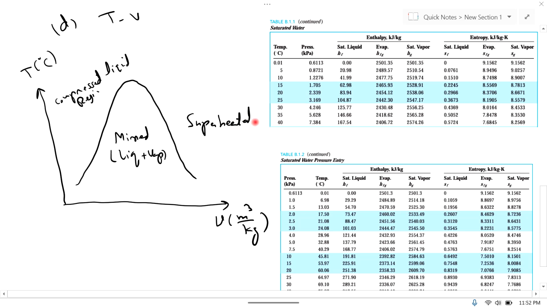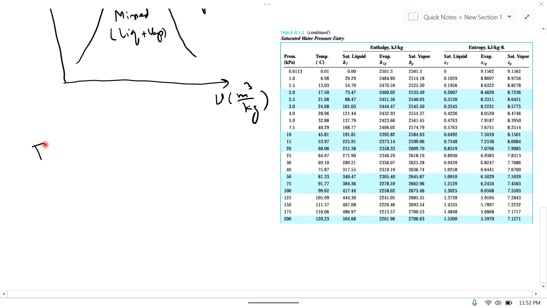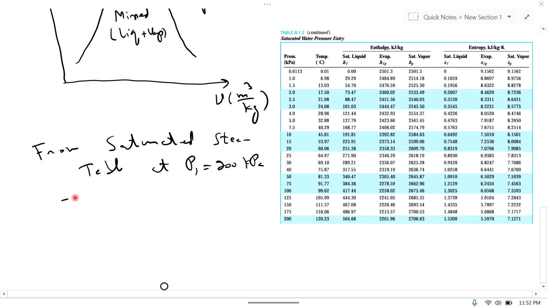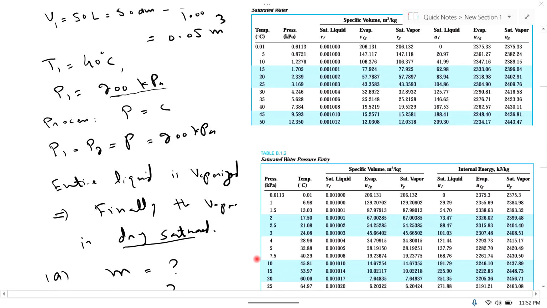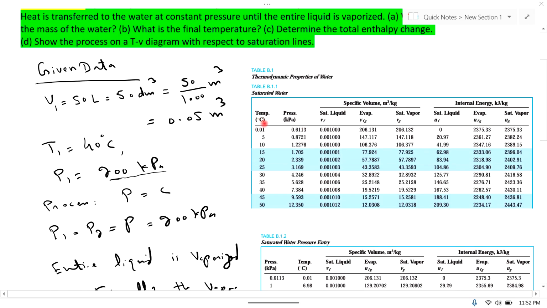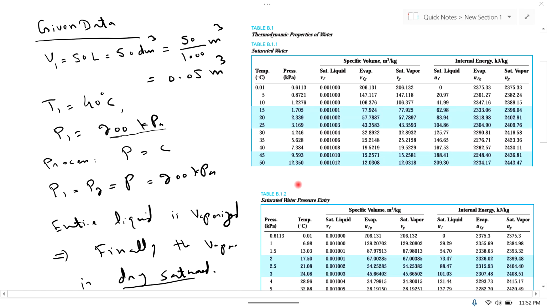So first, from the saturated steam table, pressure is given to us as 200 kilopascal. First we find the saturation temperature at this point. So this is temperature and this is 40 degrees centigrade at 200 kilopascal.